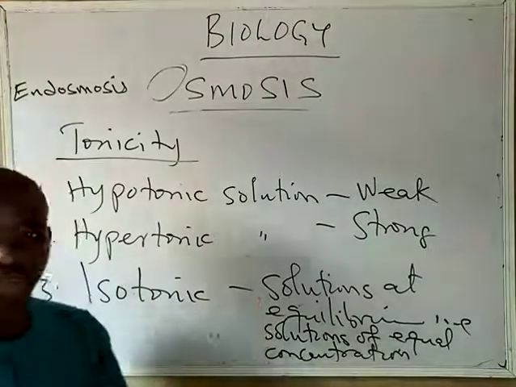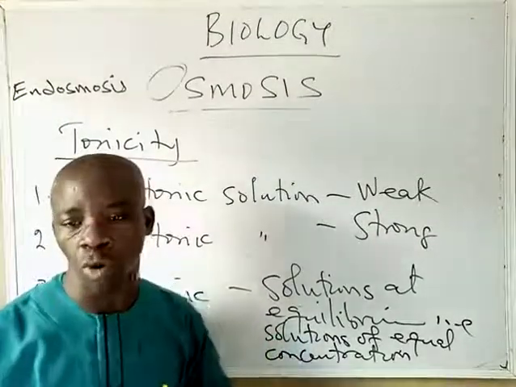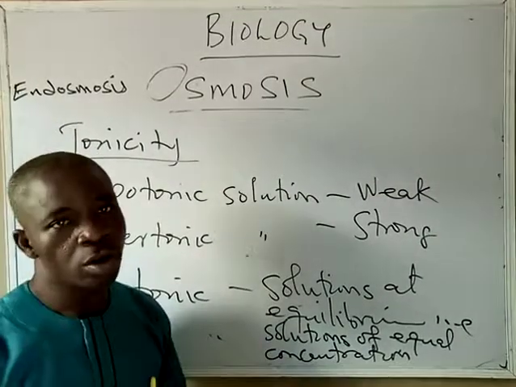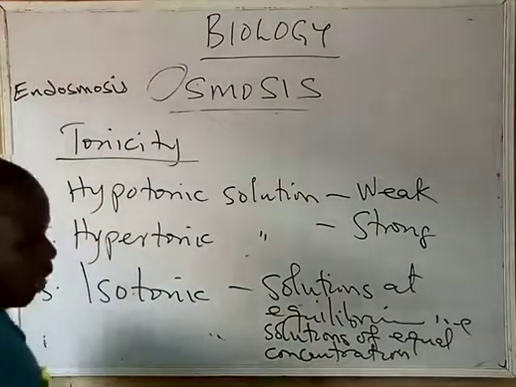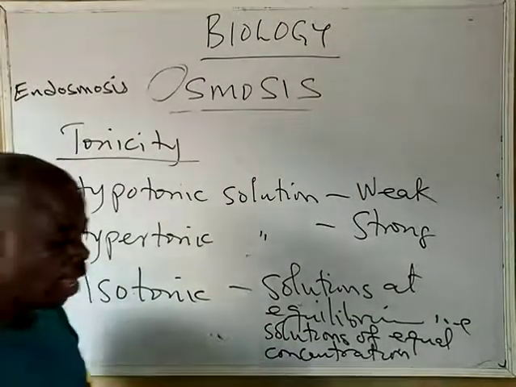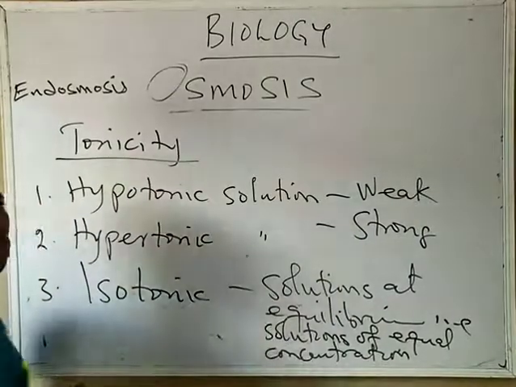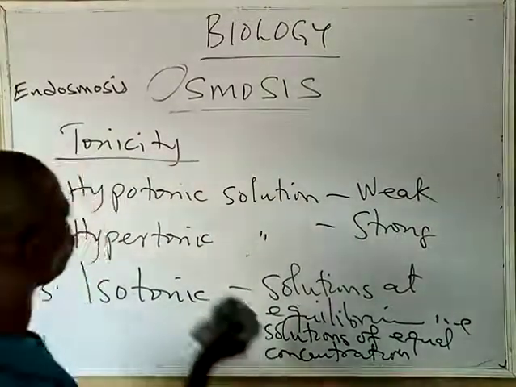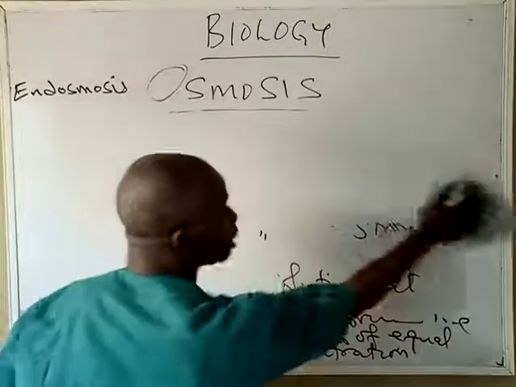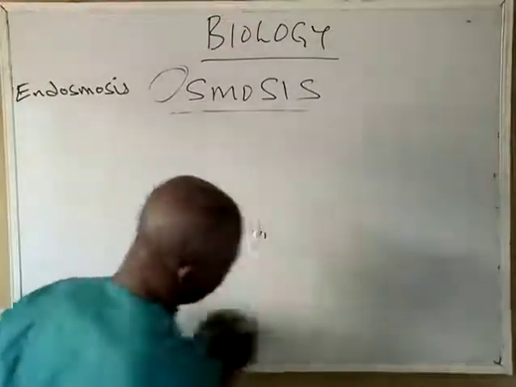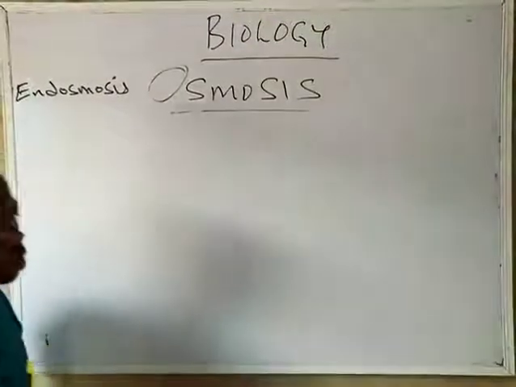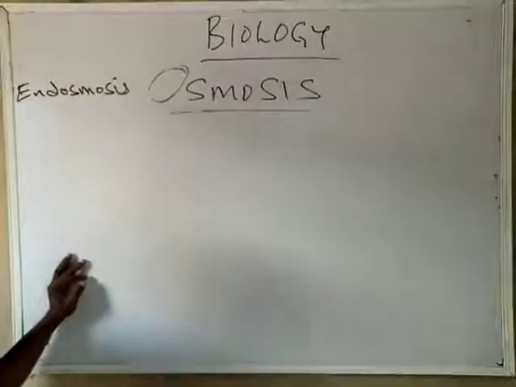And so that means that between two sides of the membrane, there could be a concentration gradient. Difference in concentration is what is called the concentration gradient. And the concentration gradient gives rise to what we call osmotic pressure that exists between the cell and its environment.